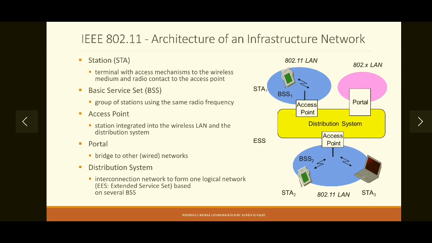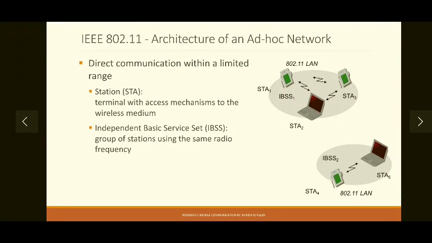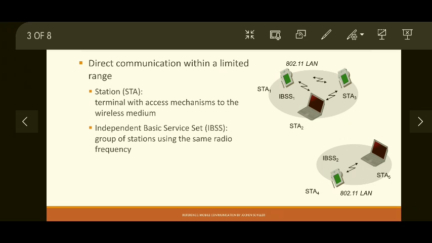Let's now look at the second type of wireless LAN, that is the ad hoc network. Ad hoc is nothing but a temporary network which is formed by the users without needing any infrastructure. So for an ad hoc network, you will not see any access point, and neither is a distribution system present.